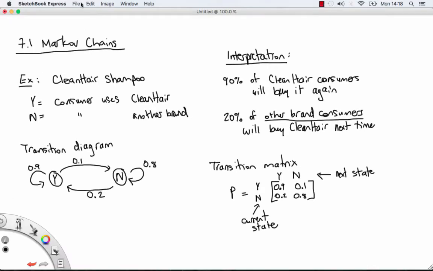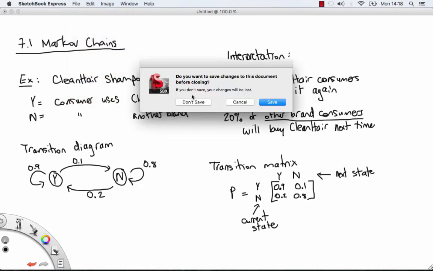So let's come up with a fresh screen here. And we're just going to write down a quick definition in the context of this shampoo problem. So definition, what is a Markov chain?